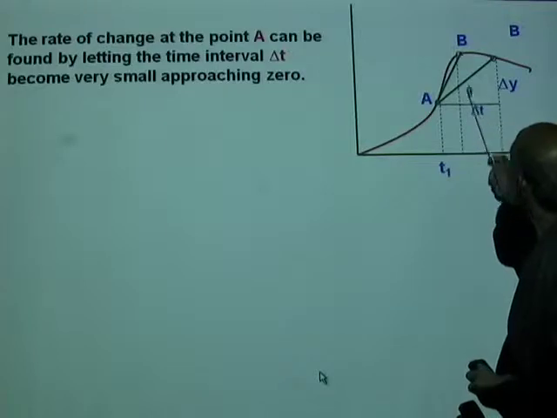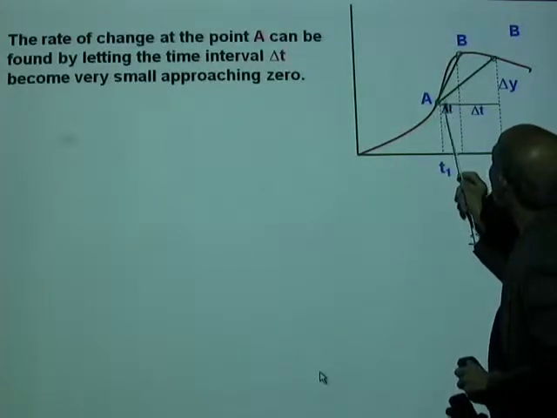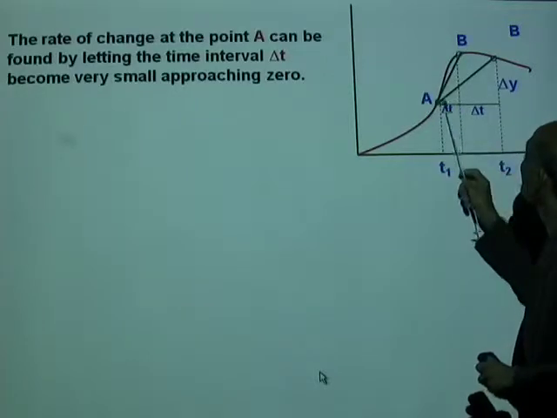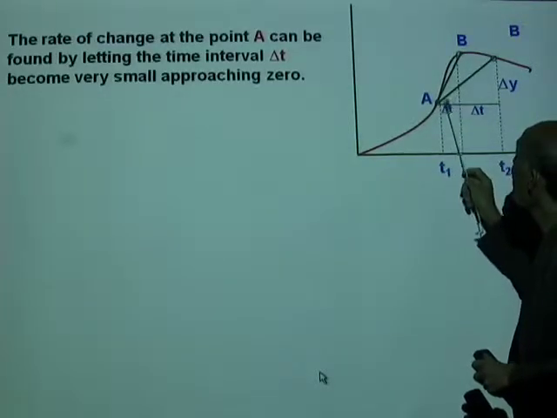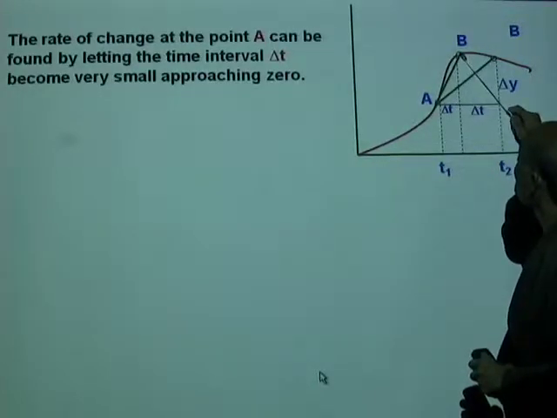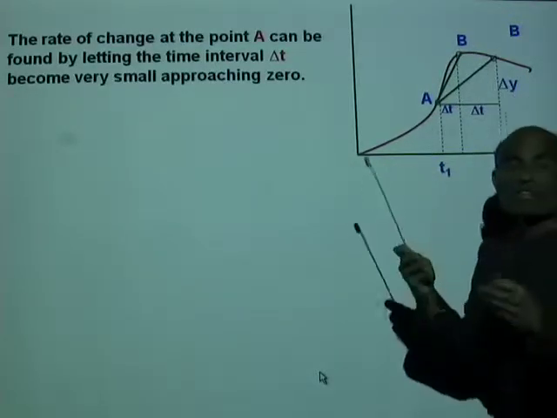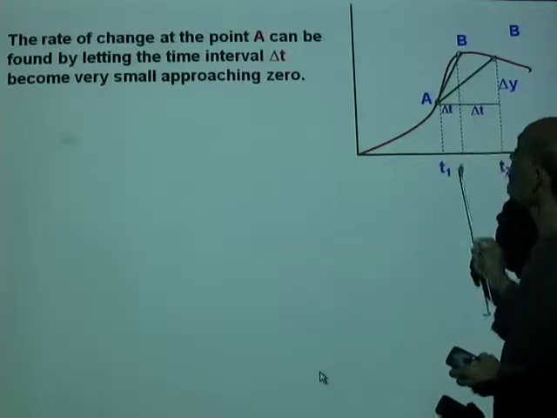We have now reduced the time interval. Previously the delta t was this, and now we take delta t much smaller. If this is position A, this is position B, and you can see the secant line and the curve itself, there isn't a lot of difference. They are almost the same there.